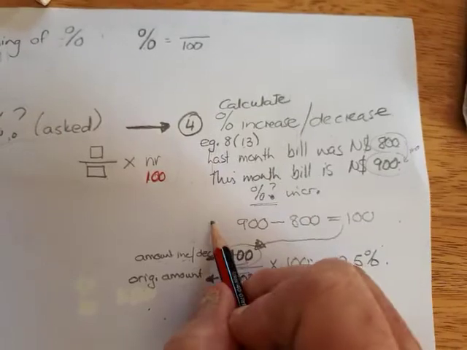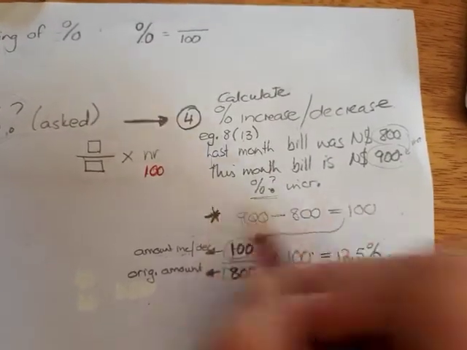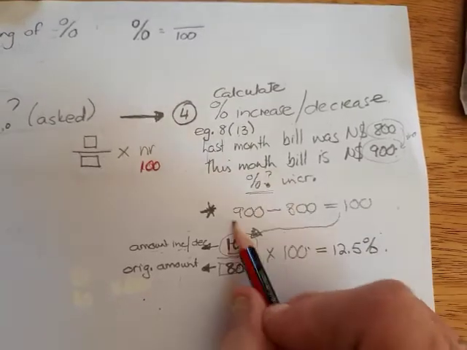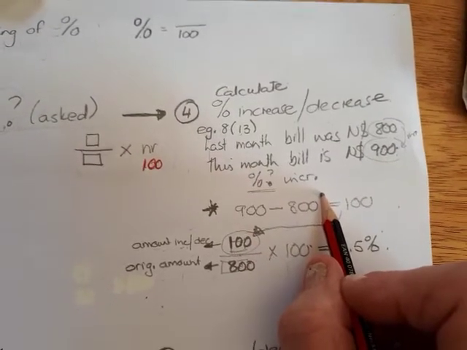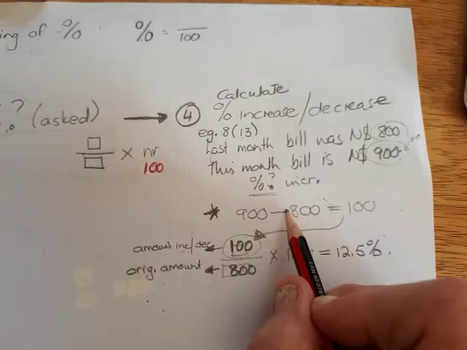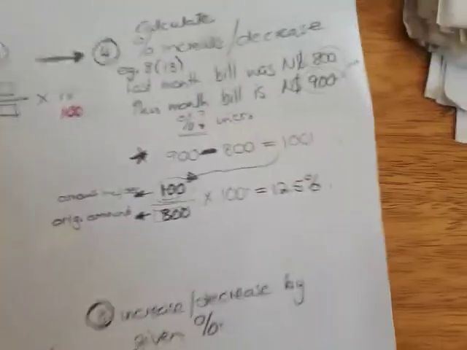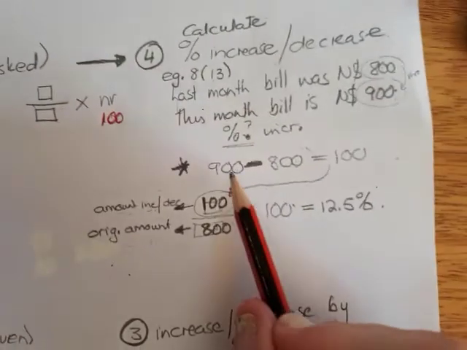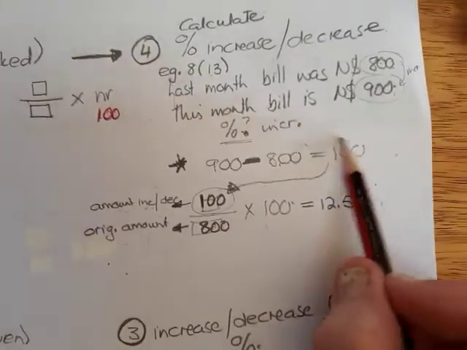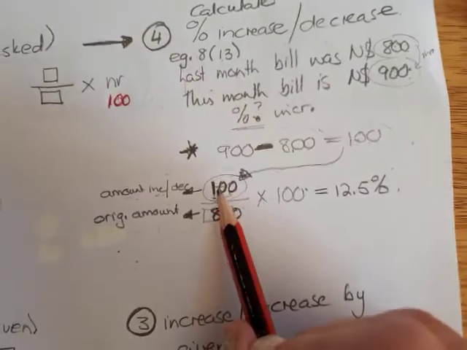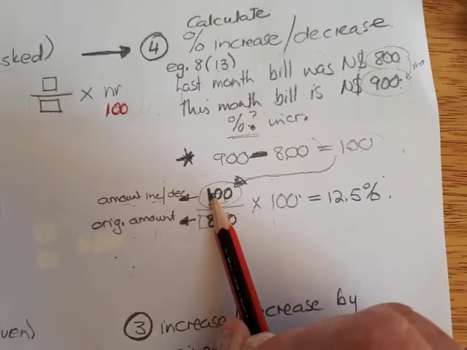So here you first calculate the difference, and you will always subtract here, whether it's an increase or a decrease, it doesn't matter. You will always subtract to get the actual difference of the two amounts. And remember, the difference then becomes the numerator.